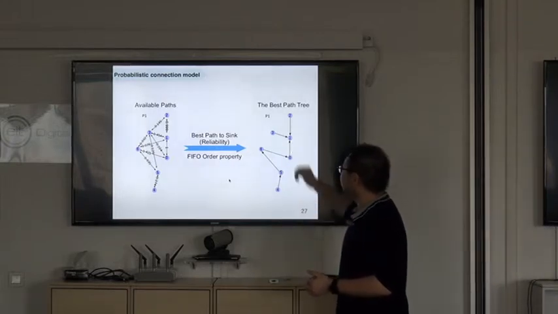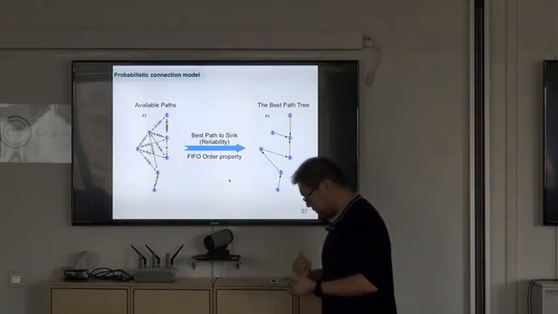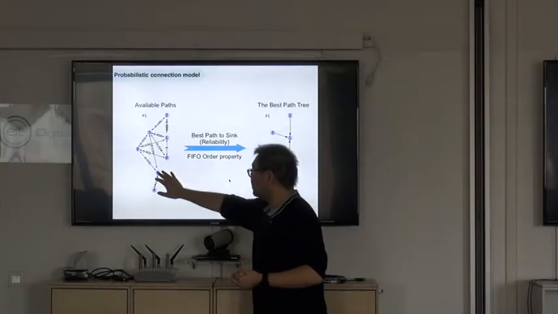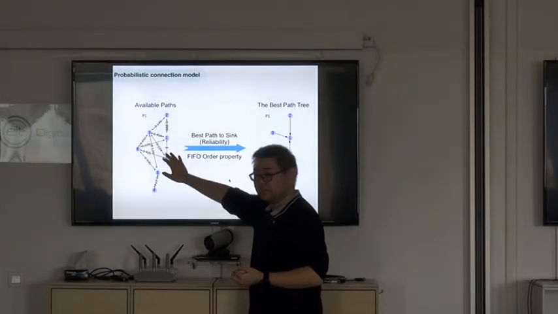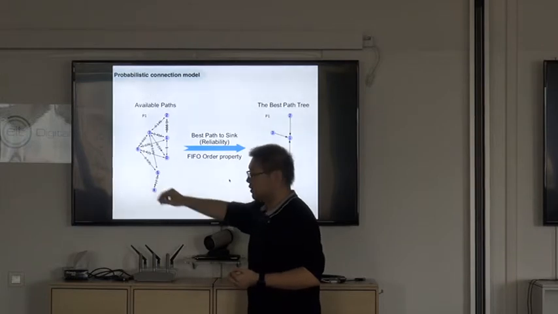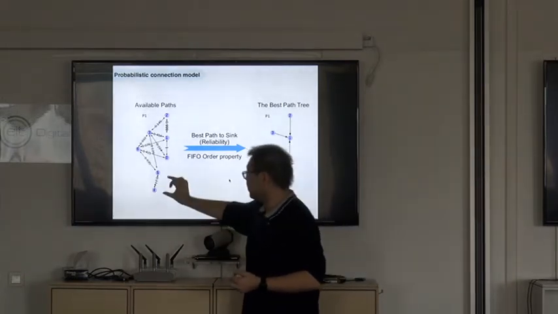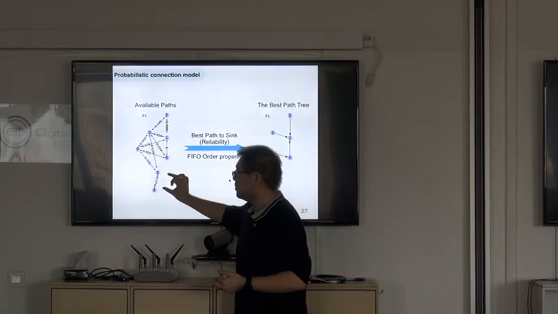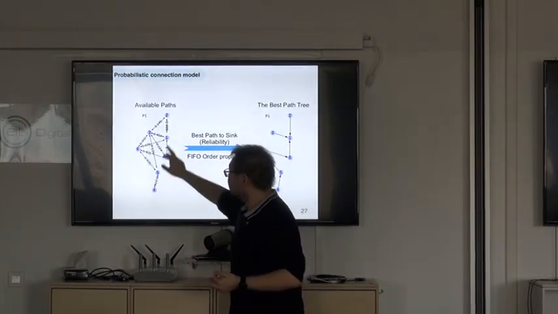And how do we build this best path tree? For every node, the sensors, we choose the shortest path according to the link existing probabilities from themselves to the sink.